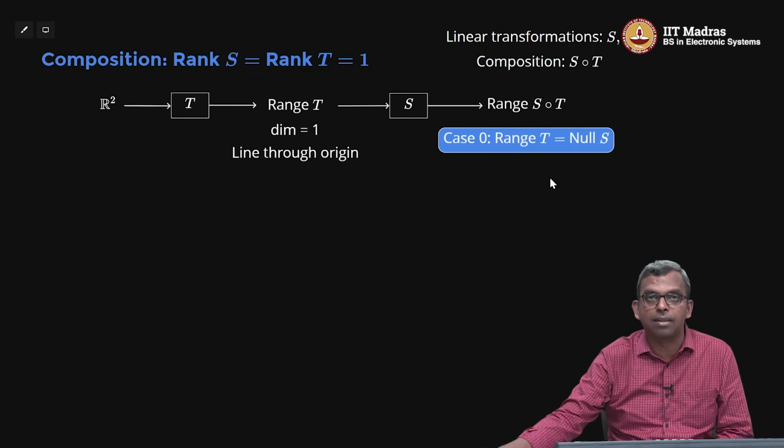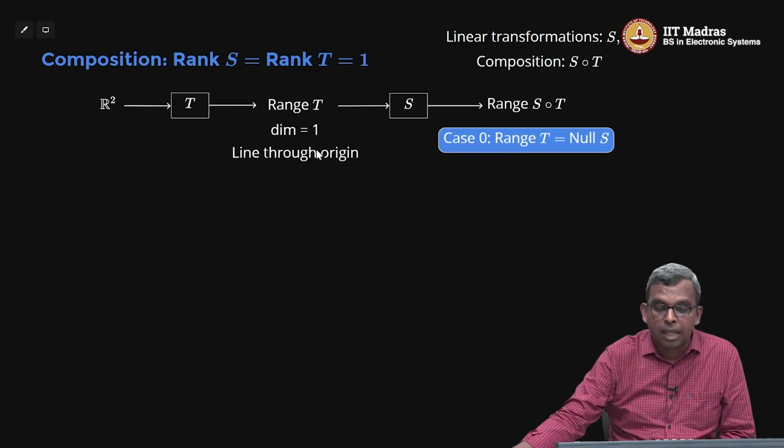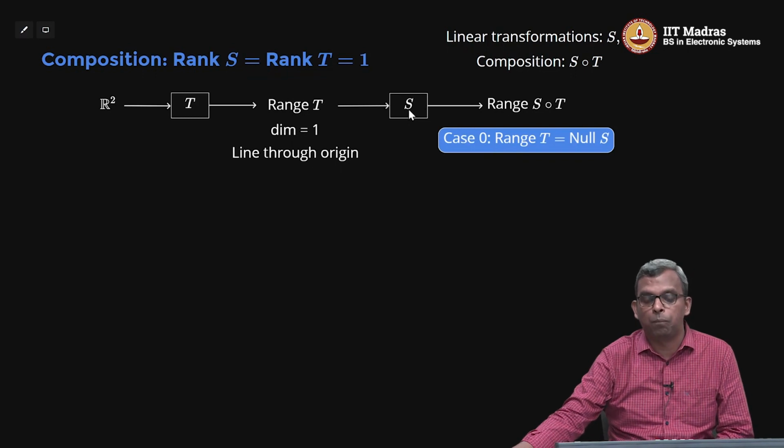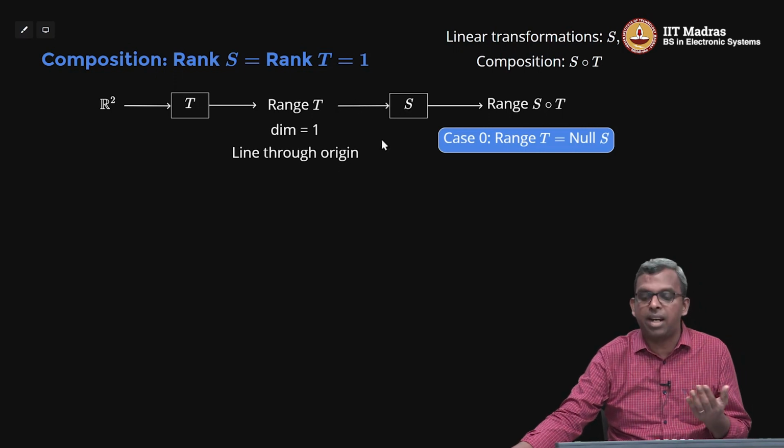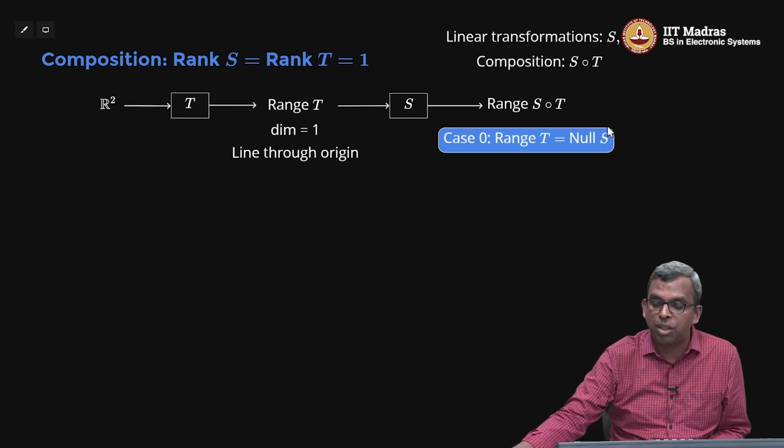There are two cases. Case 0 is range T equals null S. In case range T becomes the same as null S, remember null S also is a straight line, dimension 1. Range T is a straight line, dimension 1. Supposing null S becomes the same as range T, guess what?